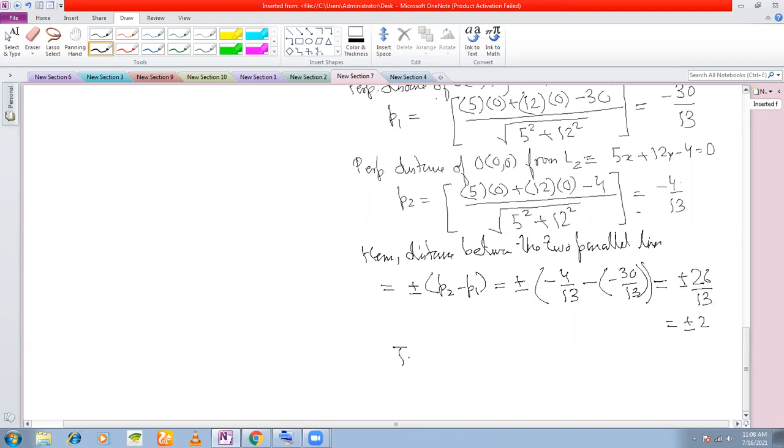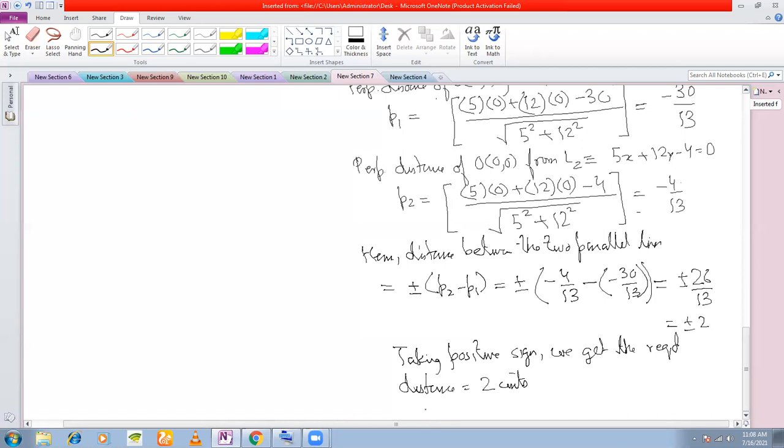So taking positive sign, we get the required distance is equal to 2 units.